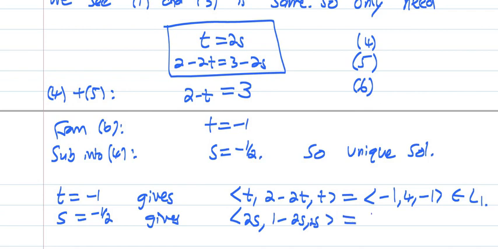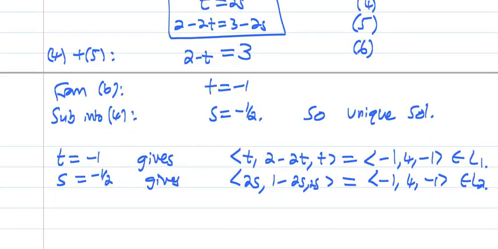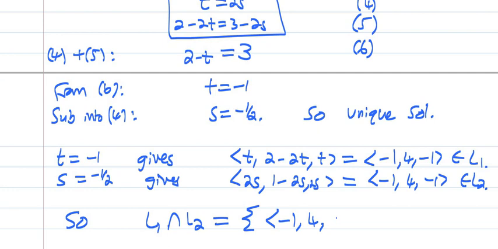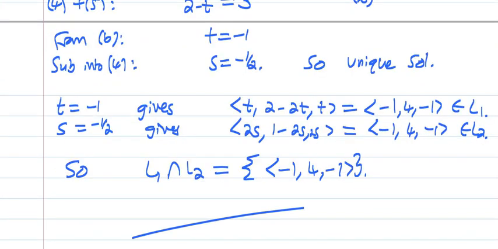So if you plug in minus a half, this works out to be (minus 1, 4, minus 1), which is sitting on line 2. And so, line 1 and line 2 intersect. They intersect in a single point, the point (minus 1, 4, minus 1). So, this is an example. We have two lines in space intersecting in a singleton, a unique point, (minus 1, 4, minus 1).